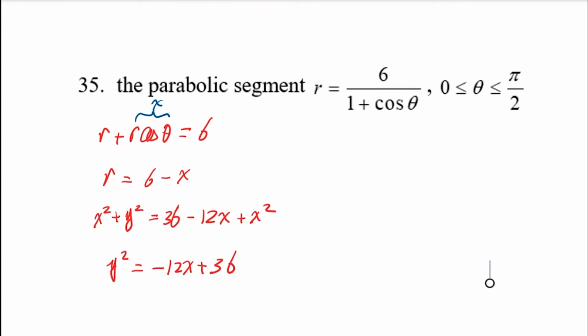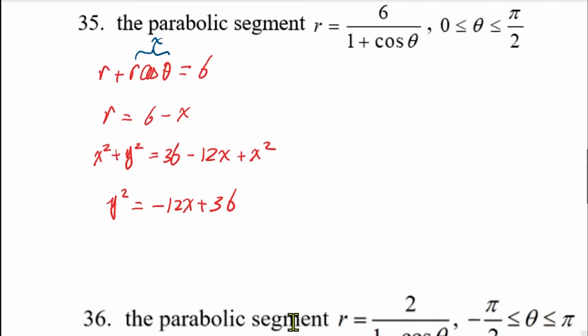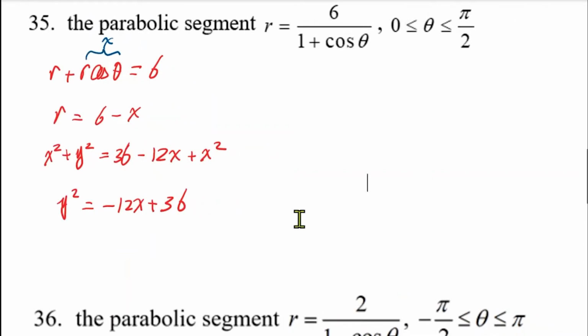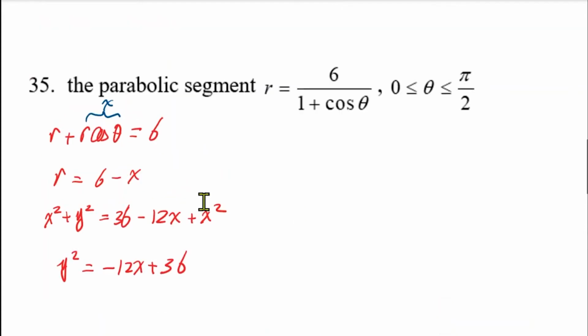Okay, but we really don't need that. We just need to find the length of the line, right? So, what was the ds formula? ds was the square root of, what was it?